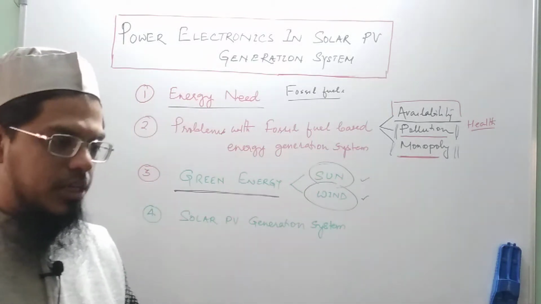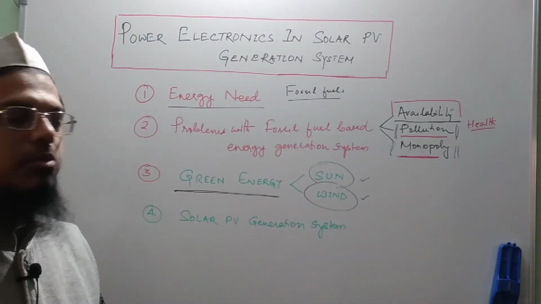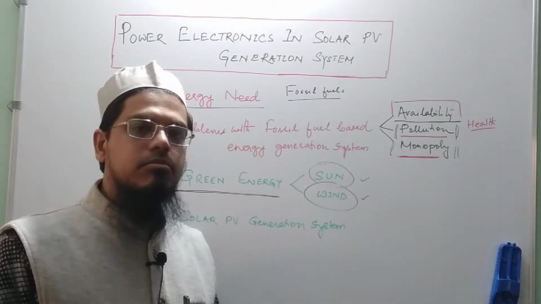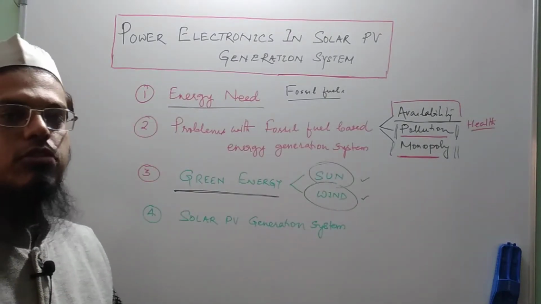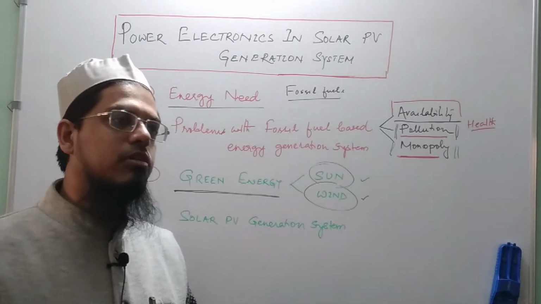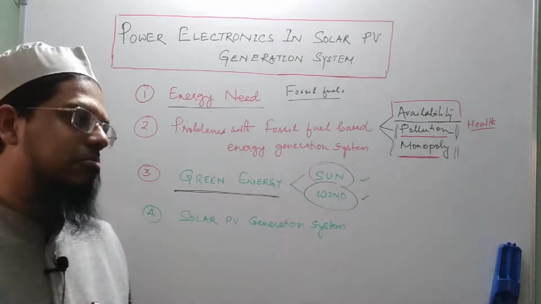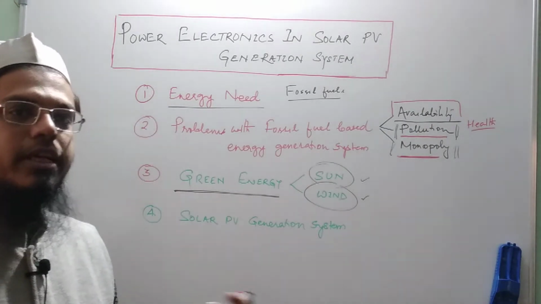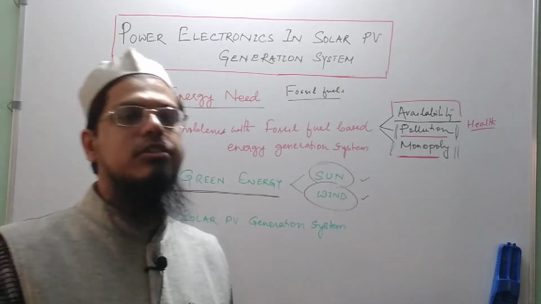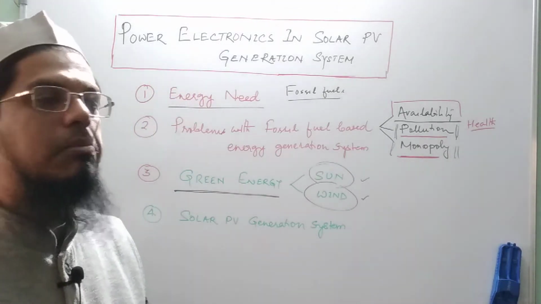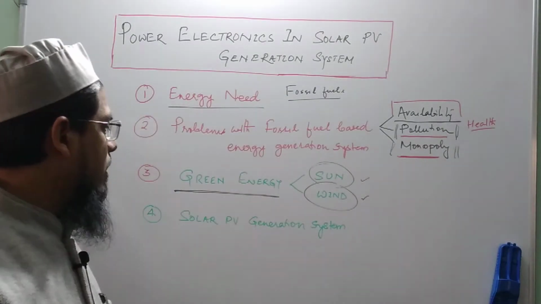So only a judicious use of these resources is required, and proper technology in place, and we can get away from the fossil fuel based system, although not in 10 or 20 years. It may take a few decades to move entirely from the fossil fuel based generation system to the renewable energy based generation system.